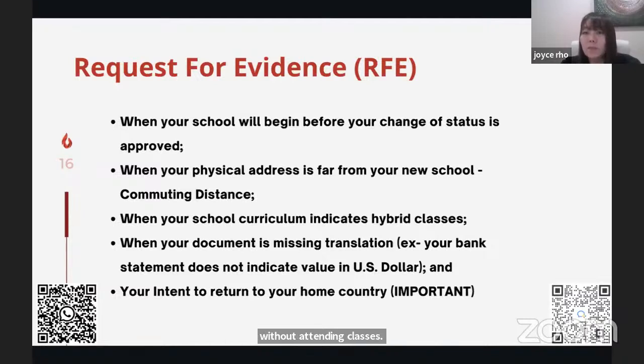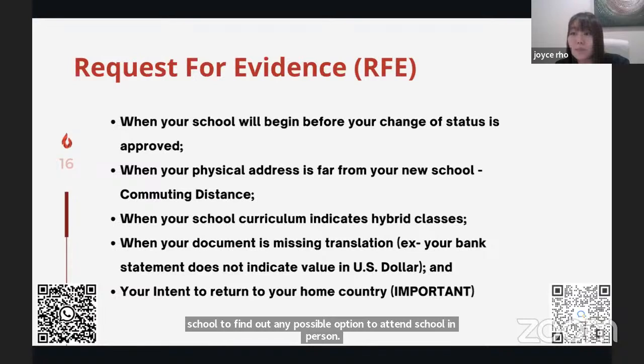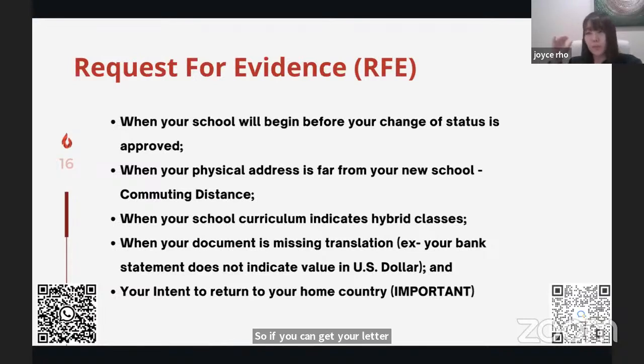And for this kind of question, I recommend students speak with the school to find out any possible option to attend school in person. If you can get a letter from the school listing the classes available to you for next semester in person, that would be good evidence.